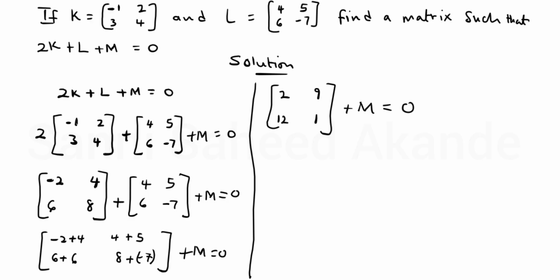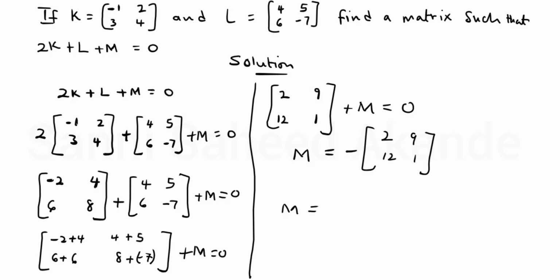So here let's retain our M at the left hand side. While we take this matrix to the right hand side, but when we take it to the right hand side, we now have minus, then the whole of this matrix. Understood? So M now is giving us, I'm going to use this minus to multiply everything inside the bracket.